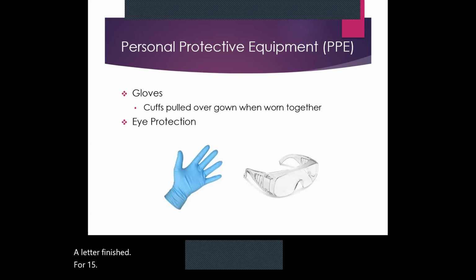So you want to make sure those wrists are covered and the gown is covered with those gloves. And then the eye protection, okay? So make sure you're following your facility protocol for that as well, depending on if they are requiring eye protection in all the rooms or patient care areas. But she did go over when and how to don and how to doff them.